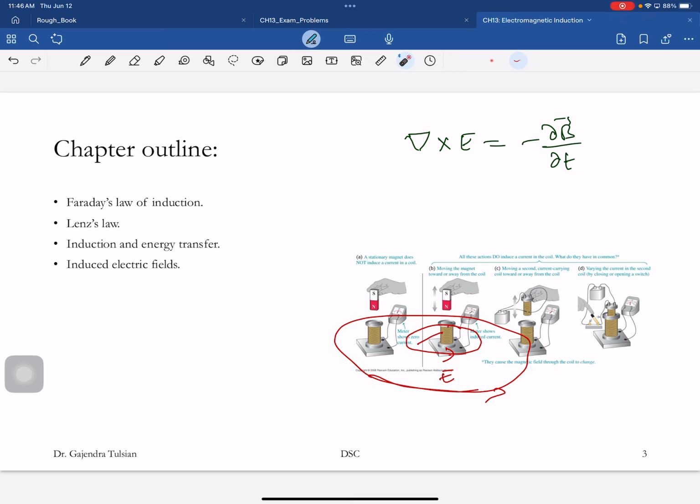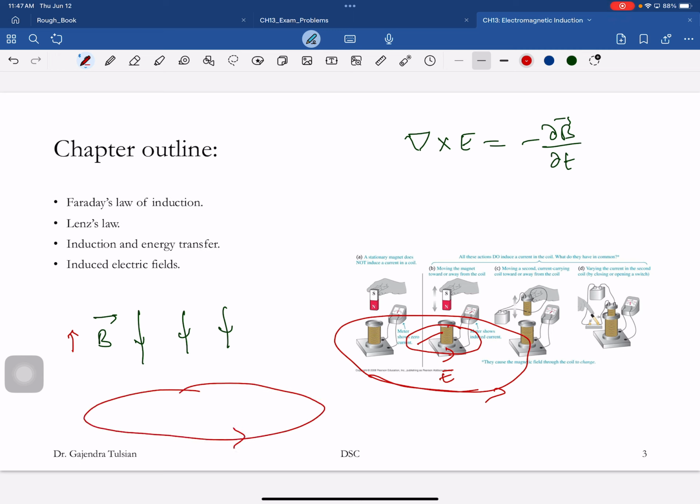All right, so here's the deal. If you have a magnetic field, and I want you to remember this the rest of your lives. Here's the magnetic field, and if you increase this magnetic field in that direction, you will induce an electric field like that.